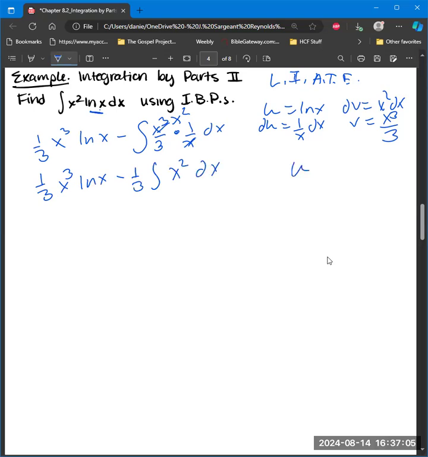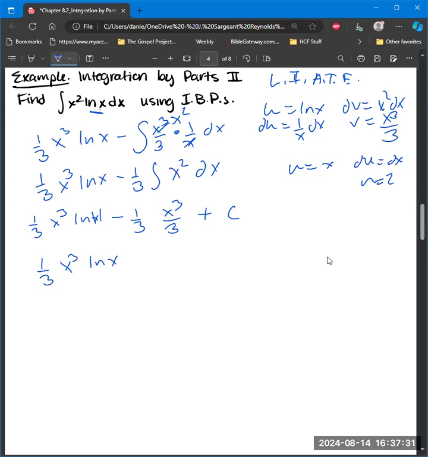Now I have a nice u substitution, this is u to the n. So u is equal to x, du is dx, n is equal to 2. 1/3 x cubed ln of x minus 1/3 x cubed over 3 plus c. This should have absolute value bars around it, right?